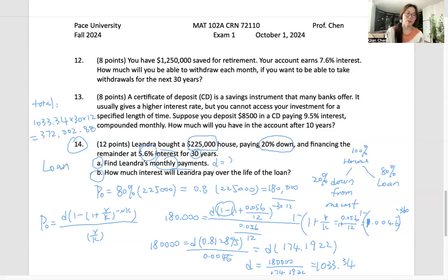We get $372,002.88. So in total, because each month she has to pay $1,033.34 for 30 years, and each year has 12 months, the total amount of money she paid is $372,002.88. But how much did she loan? She loaned 180,000. So we subtract 180,000 to get the interest she paid.